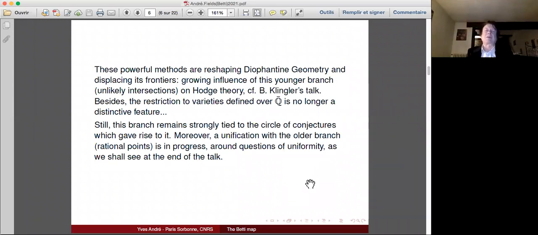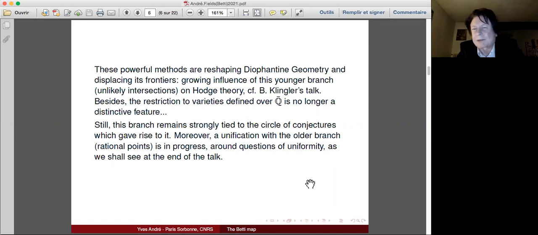But before beginning, let me make a remark that this powerful method of this second branch, unlikely intersections, is reshaping Diophantine geometry. It is displacing its frontiers. For instance, one witnesses a growing influence of this younger branch, unlikely intersection, on Hodge theory.